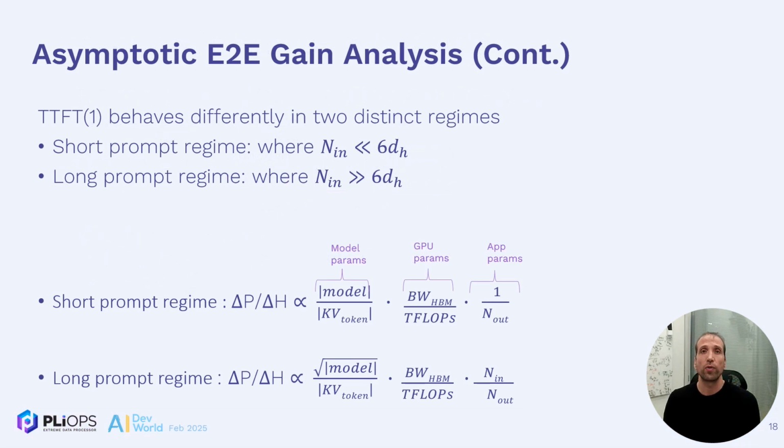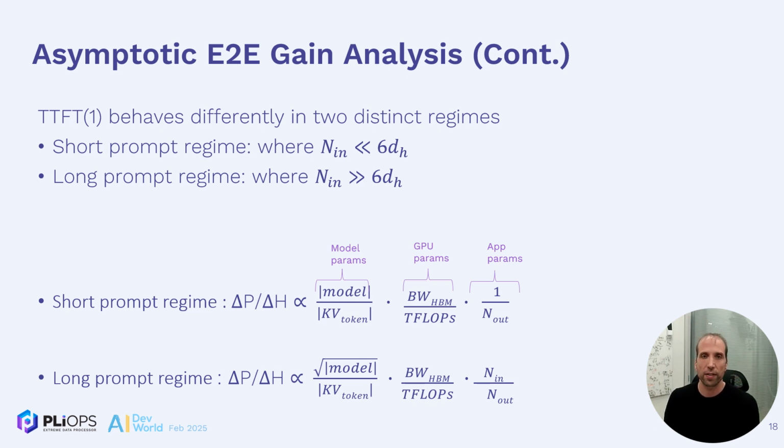And now let's break down what influences the ratio delta P over delta H. As I mentioned in the previous slide, there are two distinct regimes. One, the short prompt regime, which happens when n-in, the number of input tokens, is much smaller than 6 times the hidden dimension. And the second, the long prompt regime, where the number of input tokens is much larger than 6 times the hidden dimension.